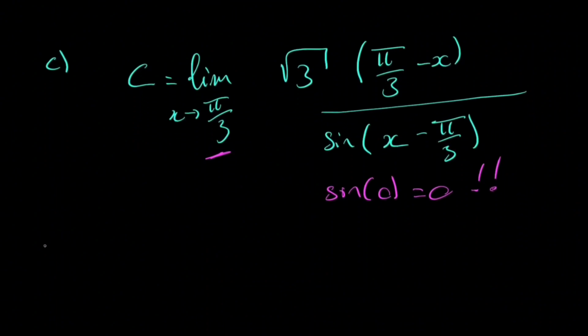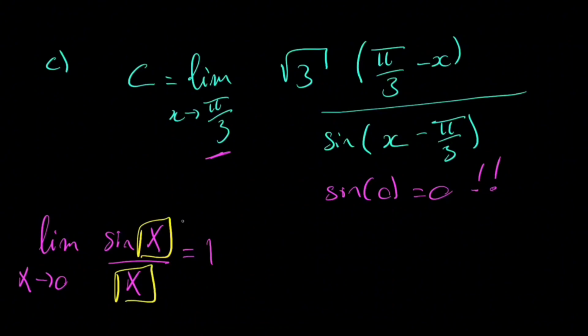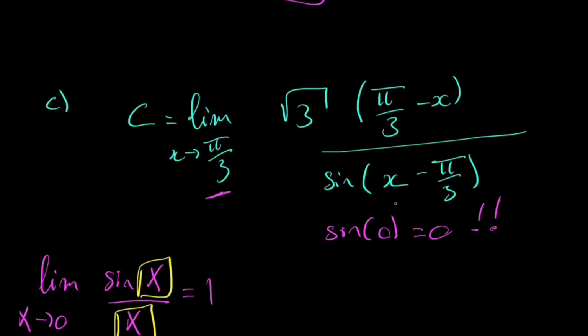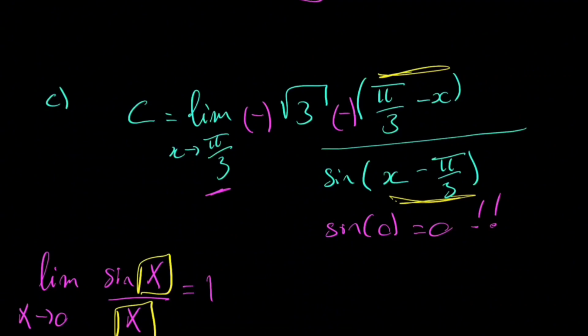But we know that the limit when sinus of x over x, when x tends to 0, is equal to 1. So we will try to find something like x inside the sinus and x somewhere else. We've got these two things that are very similar. So let's put a minus, and we do a plus, so we do nothing.